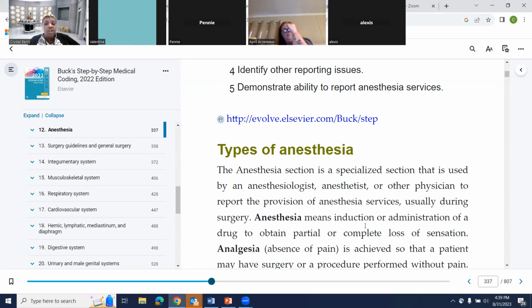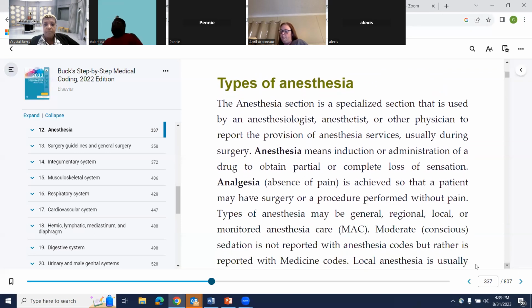Anesthesia means induction or administration of a drug to obtain partial or complete loss of sensation. Analgesia, absence of pain, is achieved so that a patient may have surgery or a procedure performed without pain.